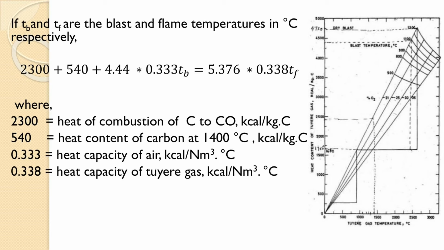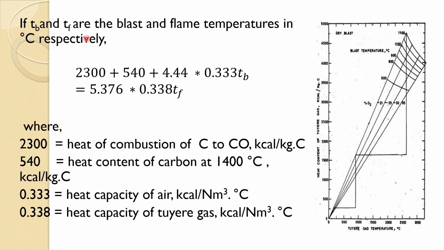So, 2300 here is showing the heat of combustion of carbon, and 540 is showing the heat content of the carbon at 1400 degrees. Okay, so here we can have a sort of a correlation between the blast temperature and the flame temperature, which is given below.